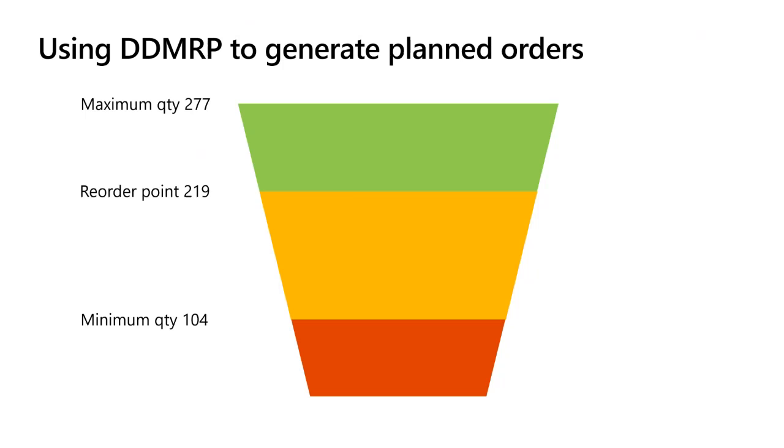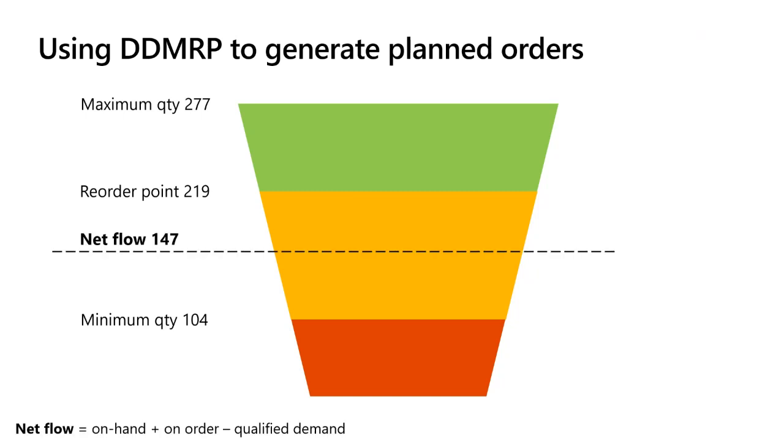With DDMRP, the trigger for a new planned order occurs when the net flow is below the reorder point level for that decoupling point when you run master planning. As Beatrice mentioned, when you use DDMRP, we expect that planning is run on a daily basis. So you're essentially checking your inventory levels once a day to determine whether it needs to be replenished.